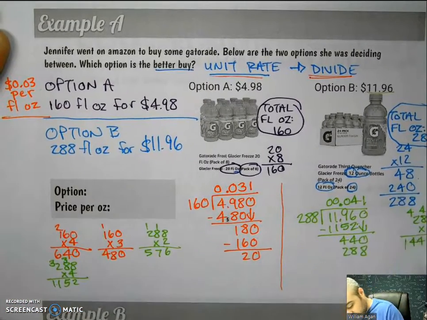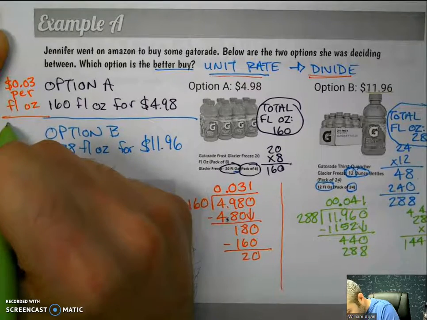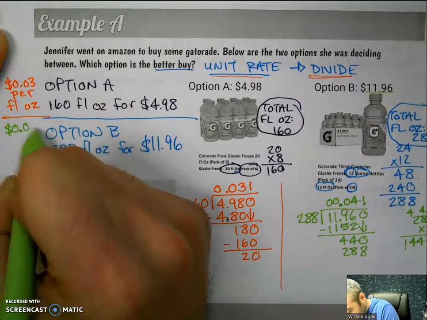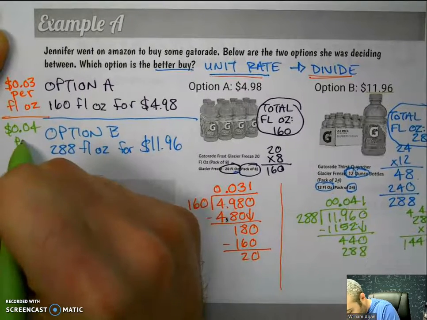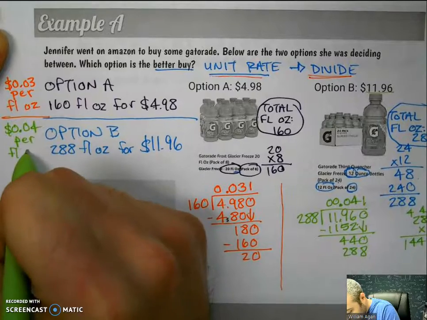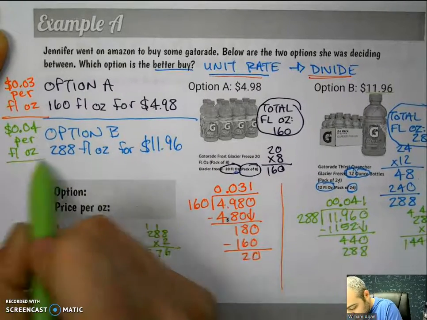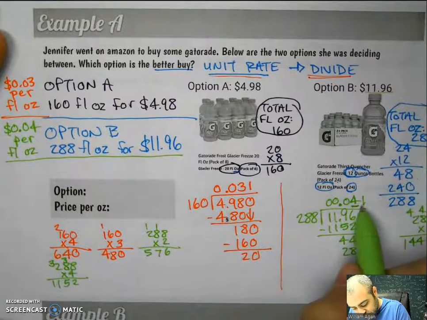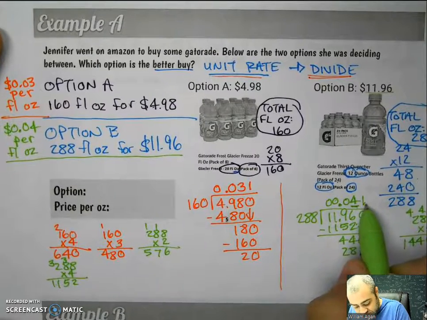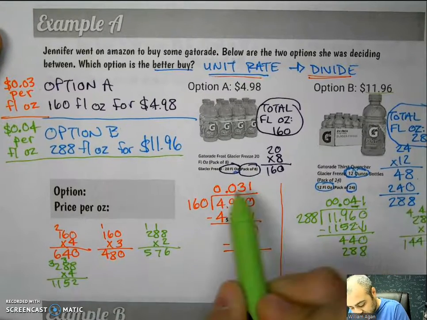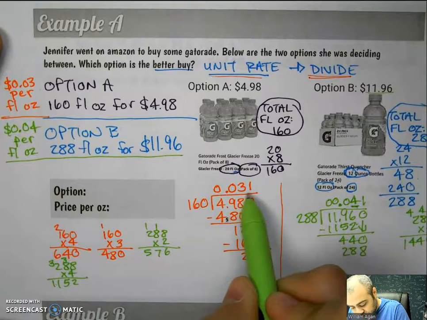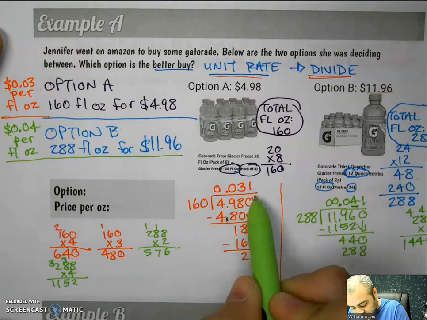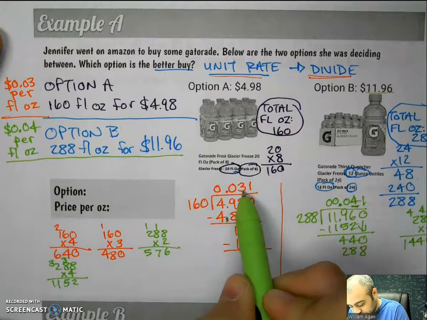And option B is $0.04 per fluid ounce. Okay, I rounded. This should be the last number, so I look at the next one. That's a small number, so this stays the same. I did that too over here. 3 should be the last number. I look at the next one. It's a small number, so this 3 stays the same.